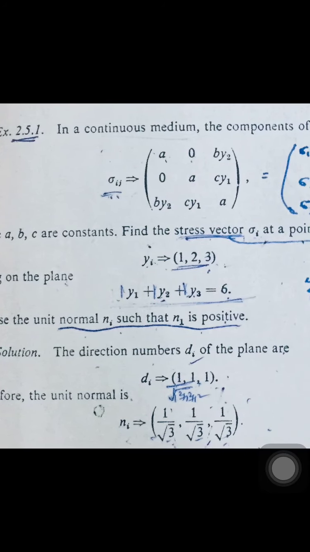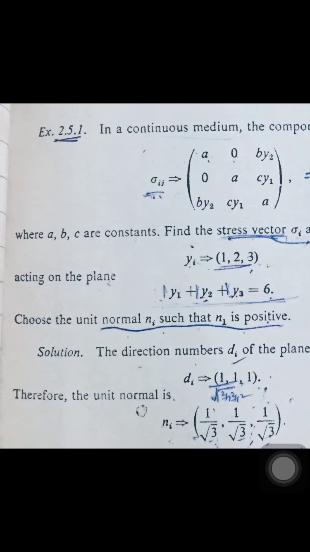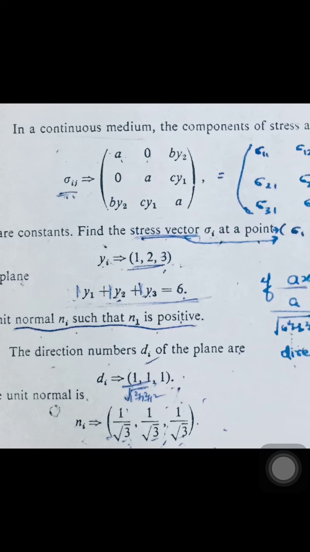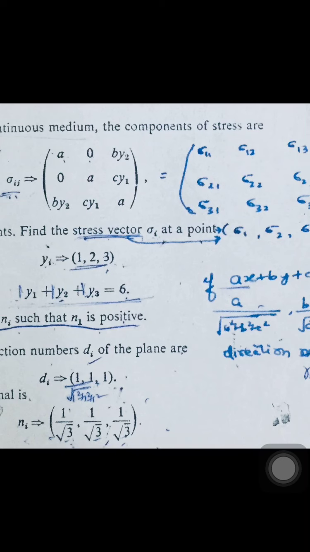Now consider 1 2 3 as a point P, and at that point we need the stress vector acting on the plane y1 plus y2 plus y3 equals 6. Compare this plane to ax plus by plus cz equals d. Here a1, a2, a3 are 1. Choose the normal ni such that n1 is positive.